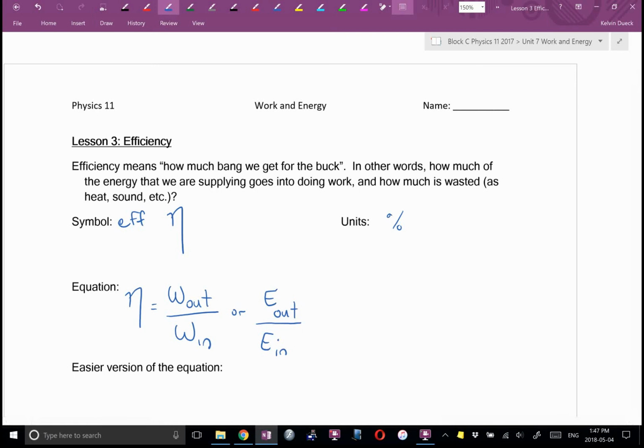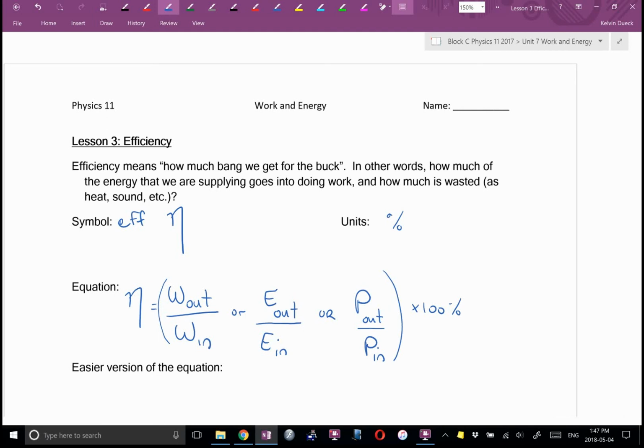Or the power you get out divided by the power you put in. This will give you a decimal, and then you multiply by 100 to get a percent, the same way you do for your tests. If you know how to figure out what your percent is on a test, it's the same math.